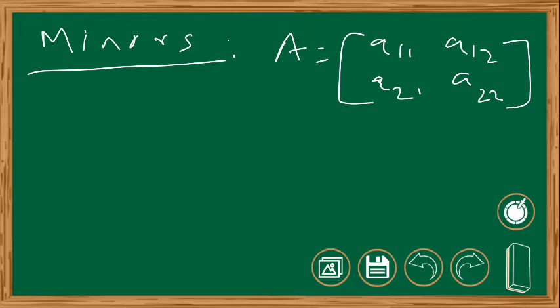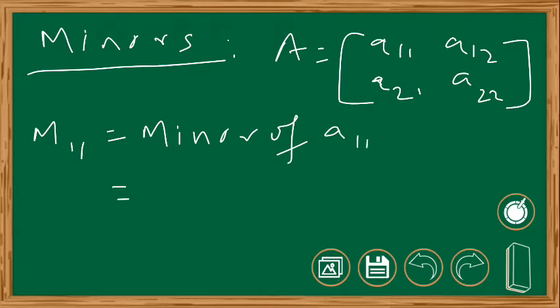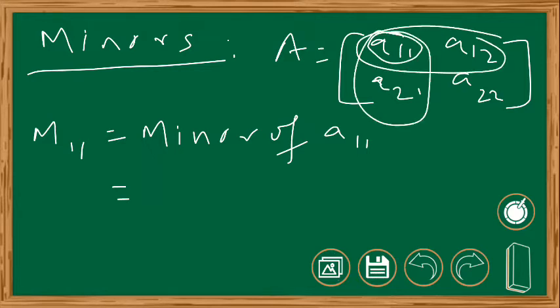Now I have to find M11, that is called minor of element A11, that is the value which is obtained by removing the row and column containing A11. Can you see this A11 is containing row 1 and also column 1. So I have to remove this row and column and write the determinant of remaining element, that is A22, and determinant of A22 is nothing but simply A22.